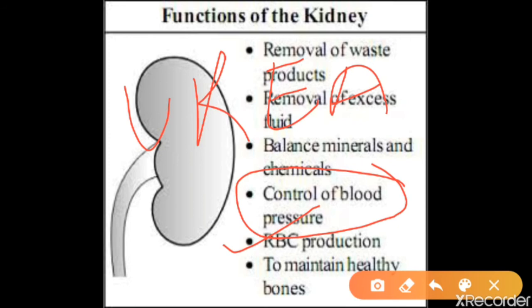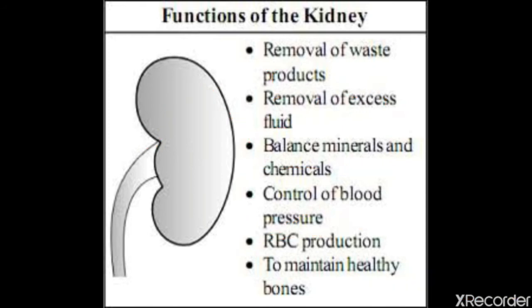In the example I gave, if you drink 1 liter of water right now, after some time you will feel a pain in the lower stomach and you will move for urination. So it is just removing the extra water from the body.